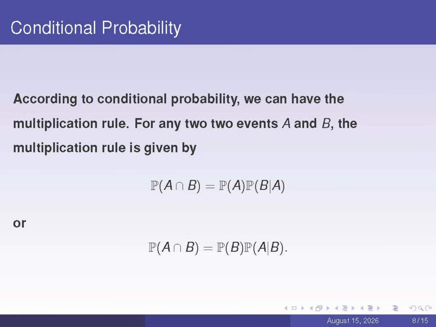Intuitively, the probability of both events A and B occurring can be conceptualized as the probability of event A occurring first, multiplied by the conditional probability of event B occurring given that A has occurred, as shown on the third to last line. Similarly, the probability of both events A and B occurring can also be thought of as the probability of event B occurring first, multiplied by the conditional probability of event A occurring given that B has occurred, as shown on the final line.